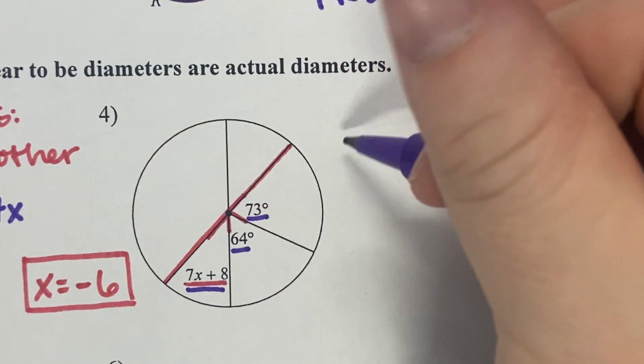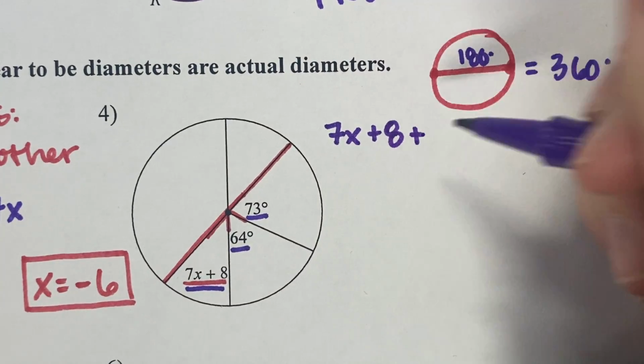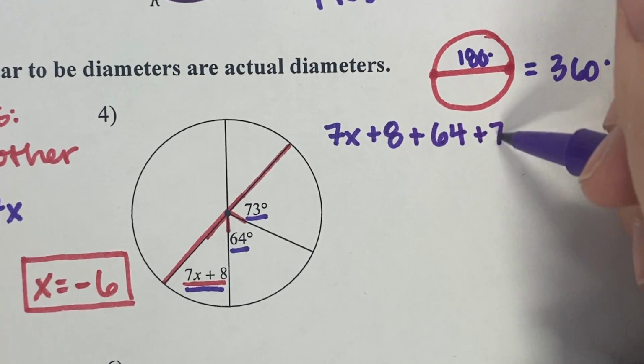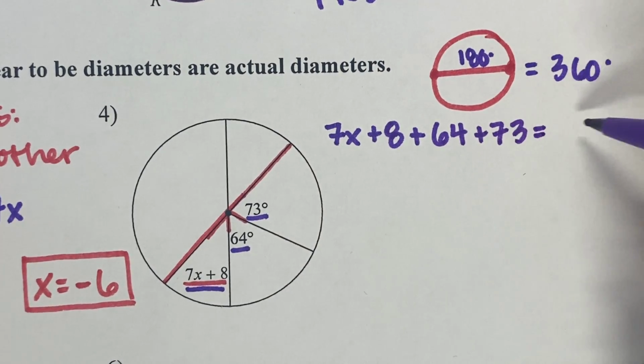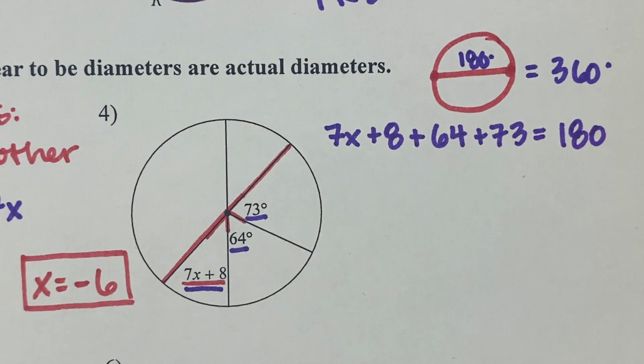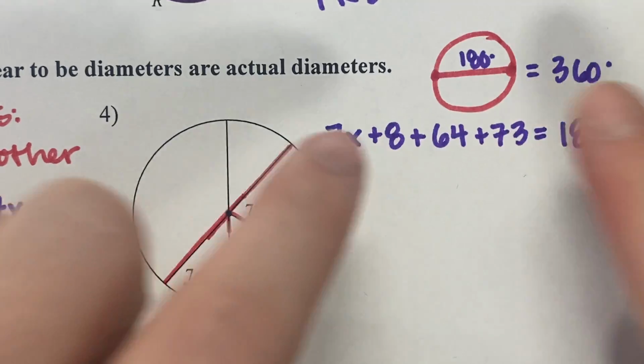Take my first angle, which contains my x, 7x plus 8, plus 64, plus 73, and it all equals 180 since it's that diameter, or half of my circle. Now I look at my side with my x, and I do see some like terms that I can combine.